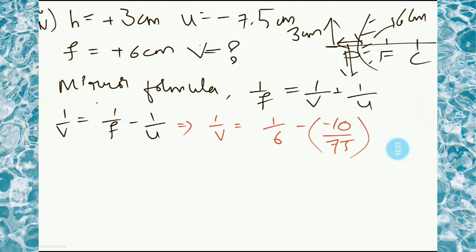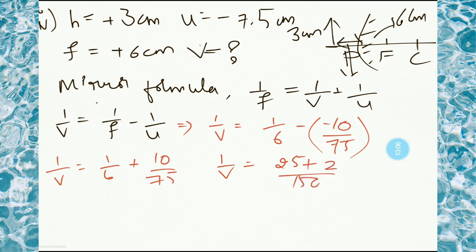Understood? Then 1 by v equals 1 by 6 plus 10 by 75. Take out the LCM, you will get it as 150. Okay, LCM is 150. You can solve it if you need. So I'm just writing these values here. 25 times 6 is 150 and 75 twice is 150.